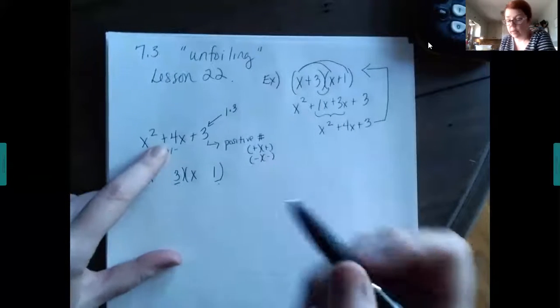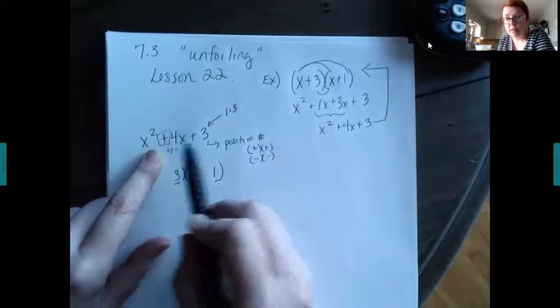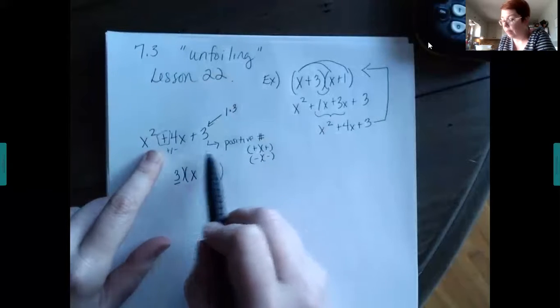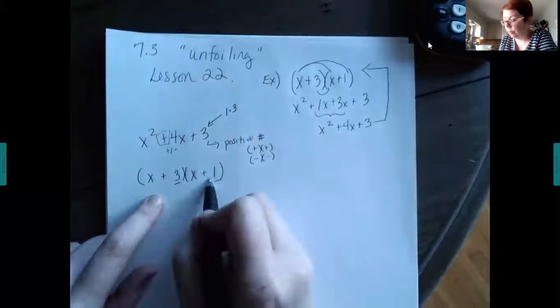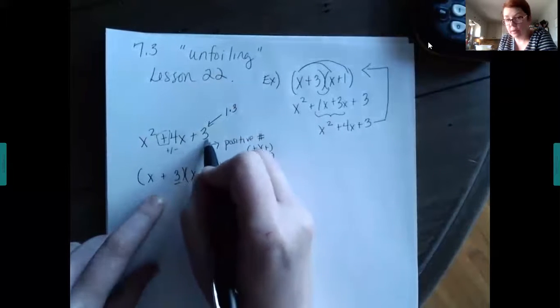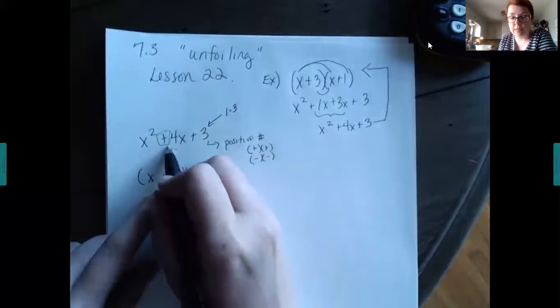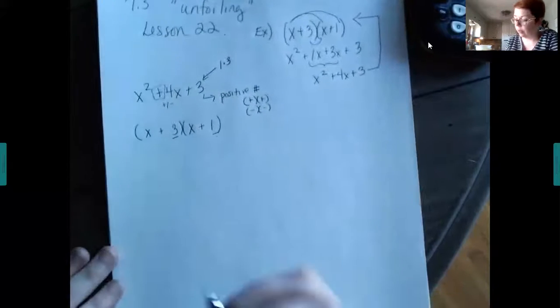I look at this sign right here. So since this is a plus, that means I had a positive 3 times a positive 1. Plus plus gets me that positive 3 here, and when I add it, I get a positive 4 right there. Okay. Let's do another one.